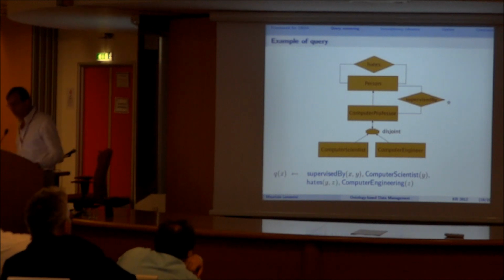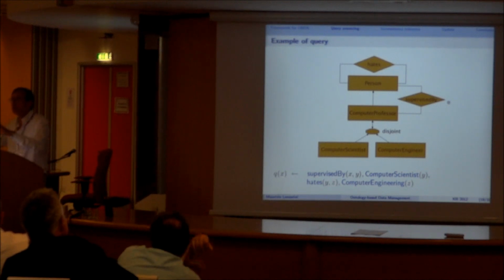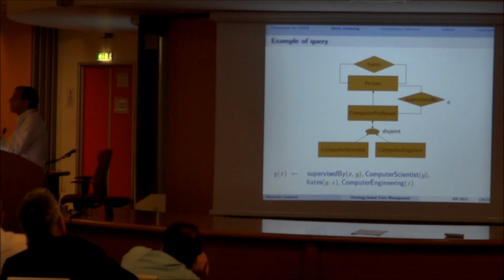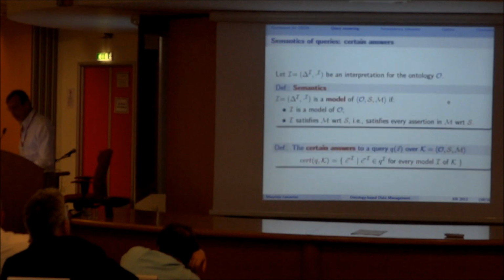Computer professors are partitioned into computer scientists and computer engineers, and you might, for example, express the query: give me all X such that X is supervised by Y, Y is a computer scientist, Y hates Z, and Z is a computer engineer. That's a very simple query. The idea is that you use first-order logic, where the atoms belong to the alphabet of the ontology. That's it. Very simple.